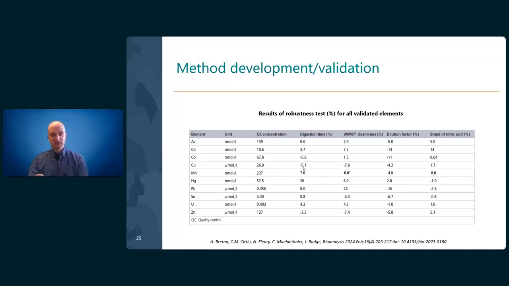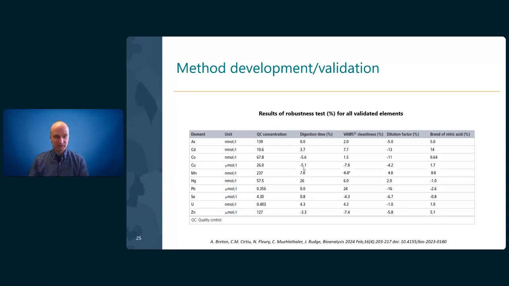This test allows us to assess the impact of slight variation in different experimental parameters, like digestion time, cleanliness of the VAMS devices, dilution factor, or brand of nitric acid. For most of them, it works very well. The acceptable range is 10%.